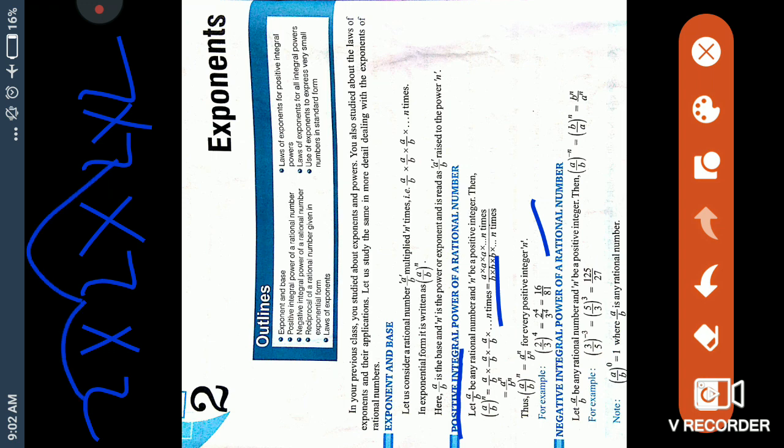Then we will write 2 to the power 4 and 3 to the power 4. 2 to the power 4 means 2 multiplied 4 times. Don't do 2 times 4 equals 8. Multiply the numbers one after another: 2 times 2 is 4, 4 times 2 is 8, 8 times 2 is 16. And 3 multiplied by 3 multiplied by 3 multiplied by 3: 3 times 3 is 9, 9 times 3 is 27, 27 times 3 is 81. That gives 16 upon 81.